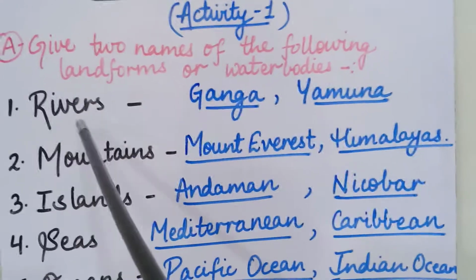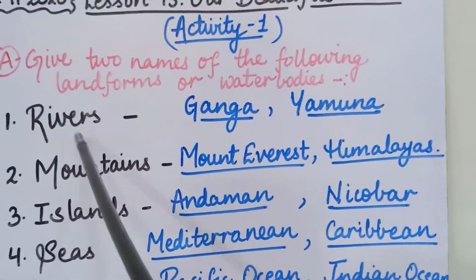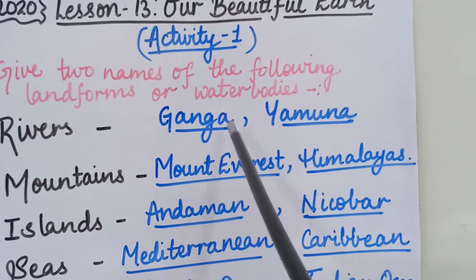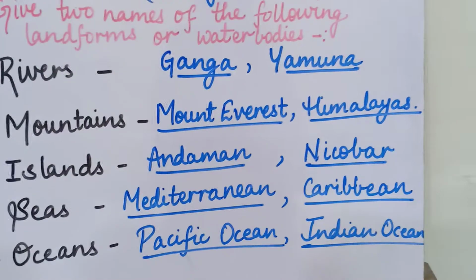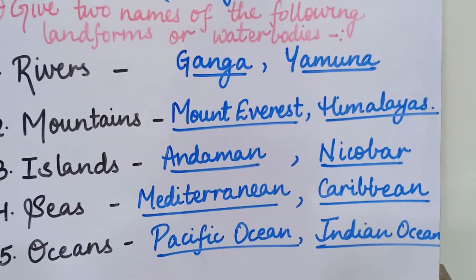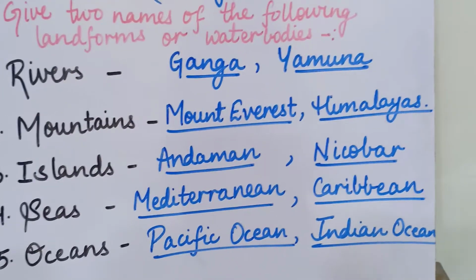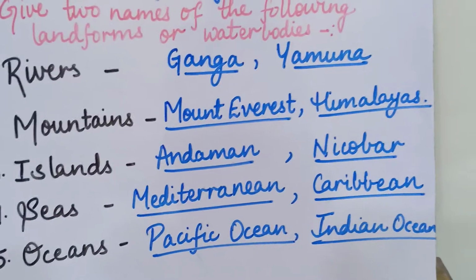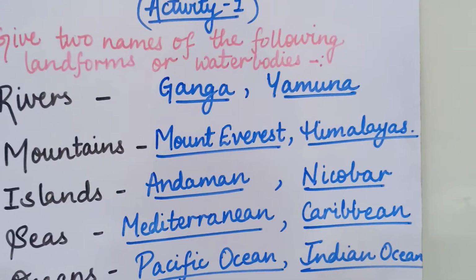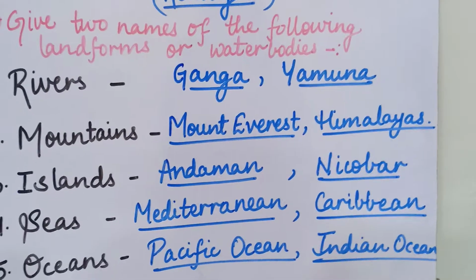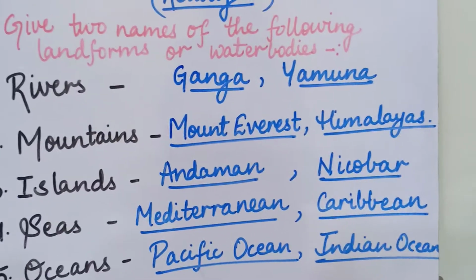So the first one is rivers. What are two names of rivers? River Ganga and River Yamuna. You can also write other rivers which you know, but make sure that the names of the rivers are correct. You will not write the name of a lake in rivers, as that will be a wrong answer.